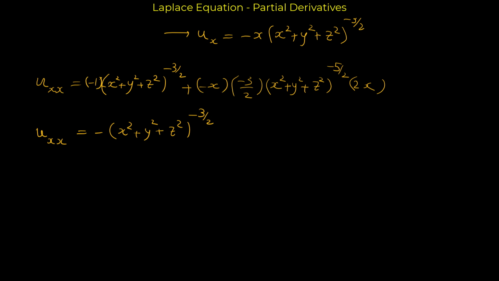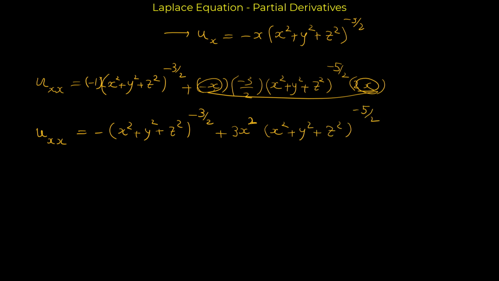Times the other x that we have, it would be 3x². So we have plus 3x². This x multiplies by this x, 3x², times (x² + y² + z²) to the power of negative 5/2. So this is uxx.